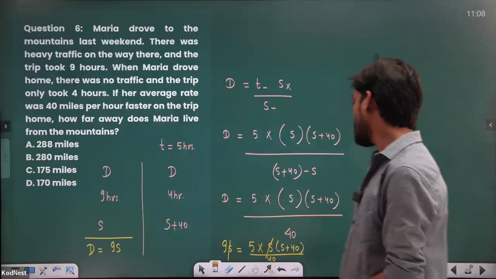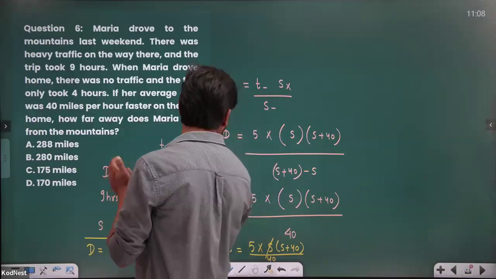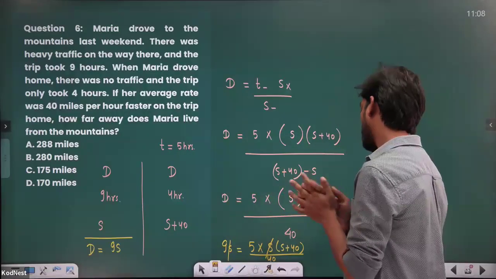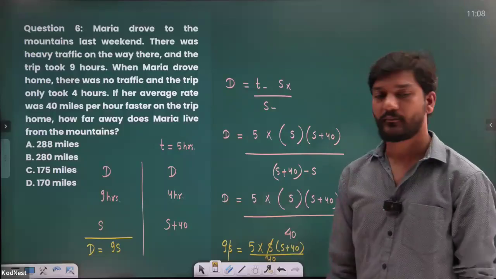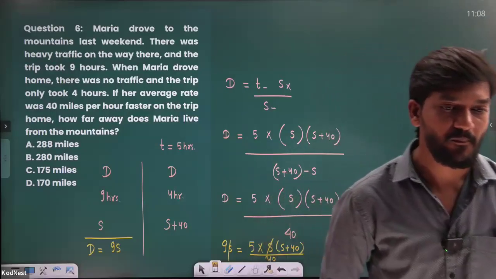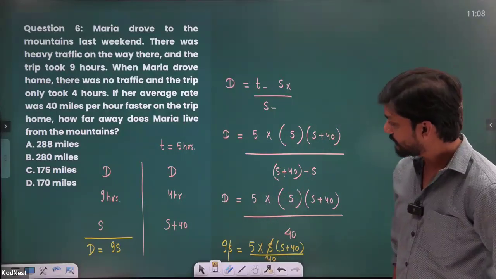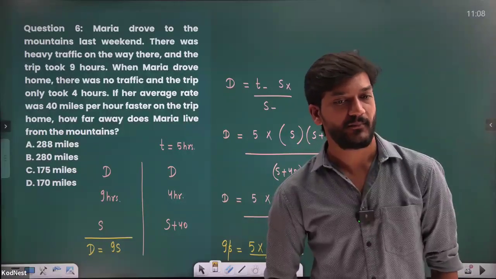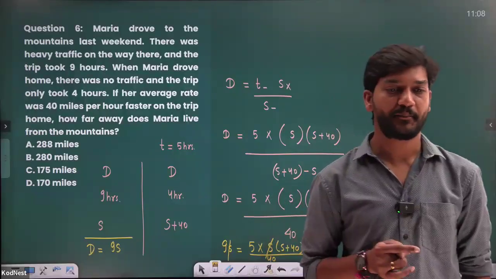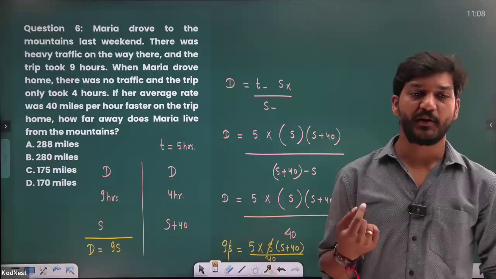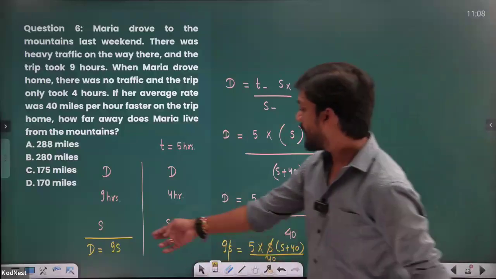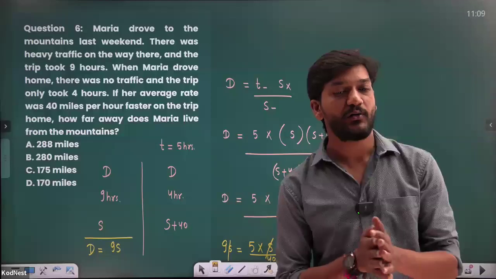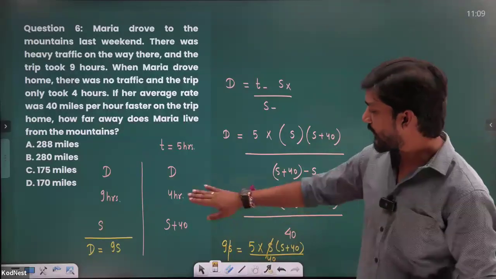Okay, 72. 32 is the S value you are saying? Okay. Distance will be how much then? 32 into 9 is 288. So this way 288 will come out.